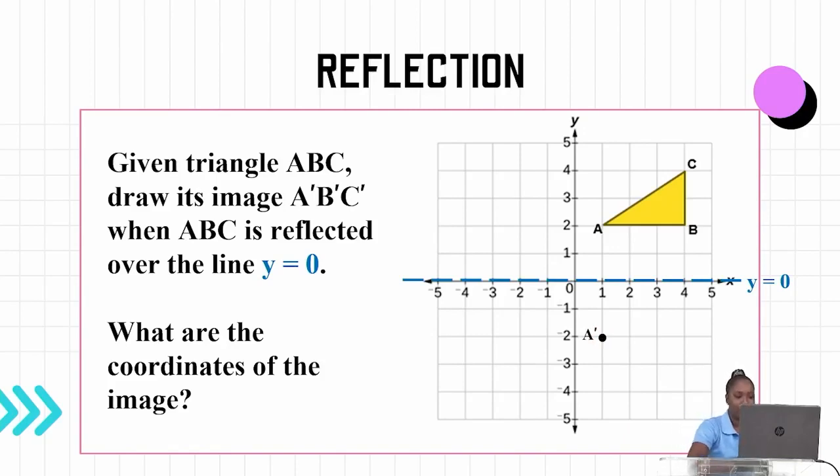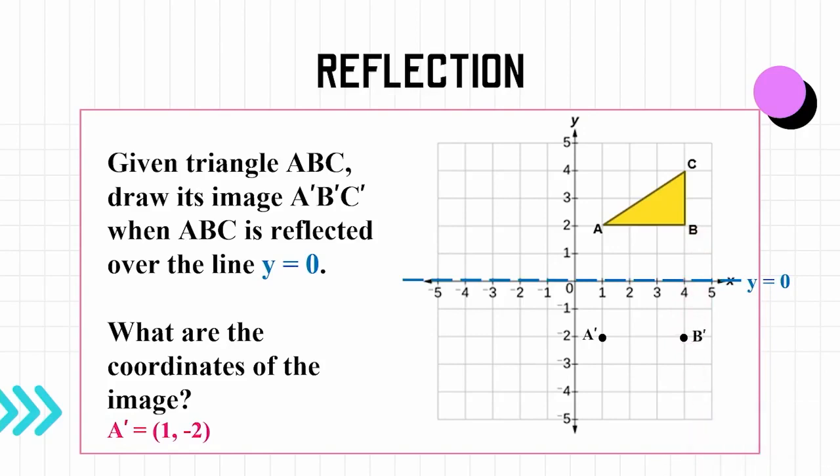And we know that we read the x values first, then the y. And so A prime is located at 1, -2. B is also 2 places away. And so we will count 2 places in the other direction. B prime would be located in that position. And this is point 4, -2.